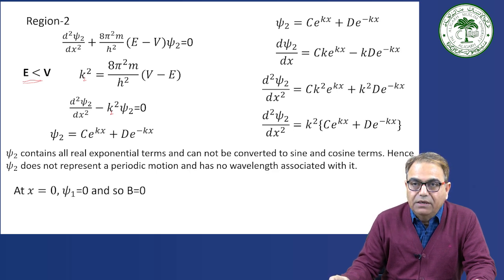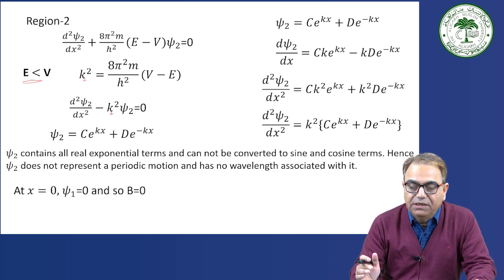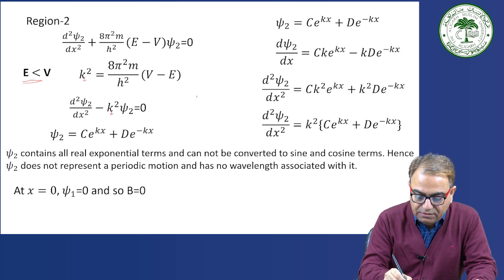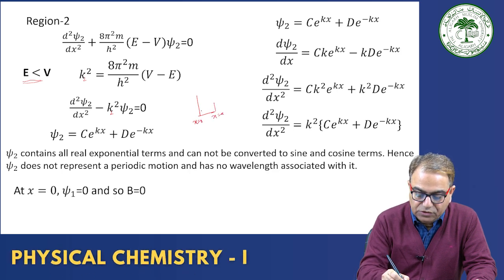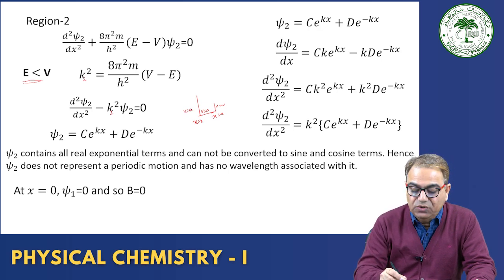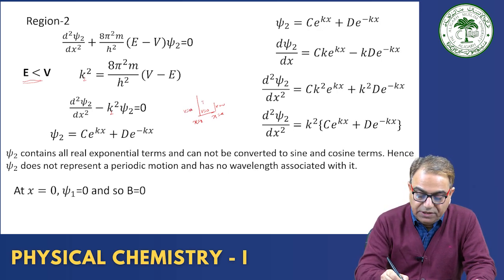Now, if you apply the boundary conditions, what was our problem? At x equal to 0 and at x equal to A, this was V equal to 0, this was V equal to V, and this is V equal to infinity. So at x equal to 0, psi 1 should be 0, because it is the region 1 wave function and the region 2 wave function is in region 2.